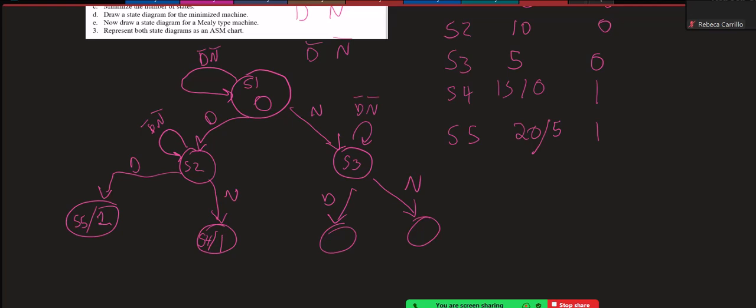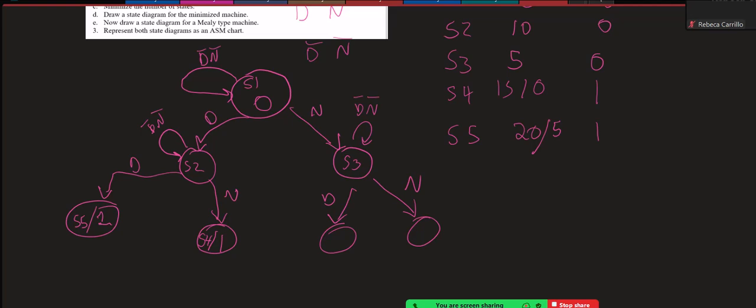It could do that, but I'm not going to, because we're going to pretend we don't realize this could be the same state as something else, and then we're going to minimize this and see if it ends up that way.